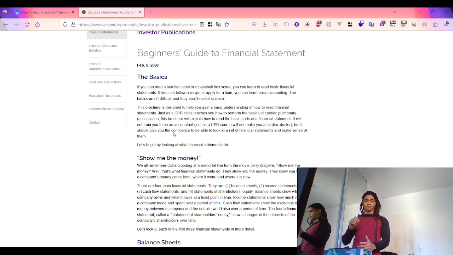Intangible assets are another common operating asset, such as a patent, which gives the creator or inventor exclusive rights to manufacture, distribute, and sell their invention over a period of time.